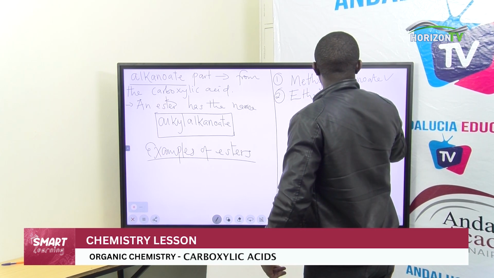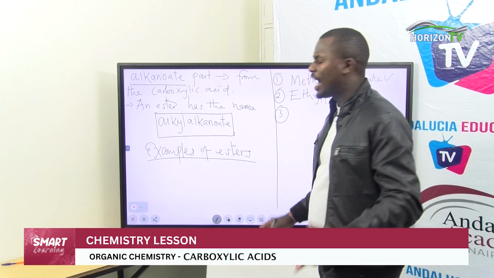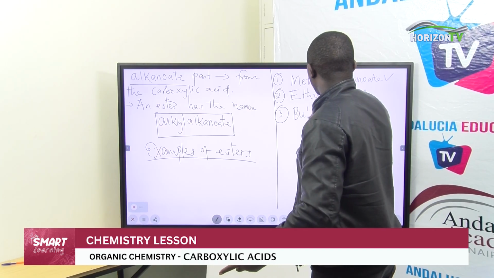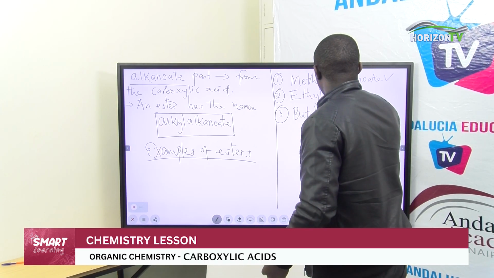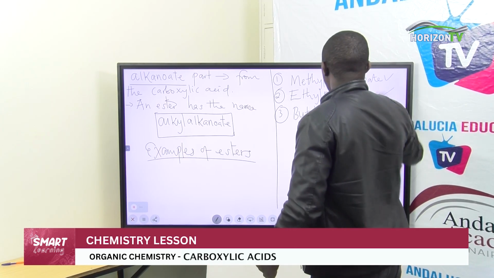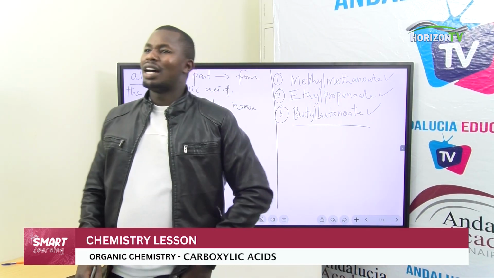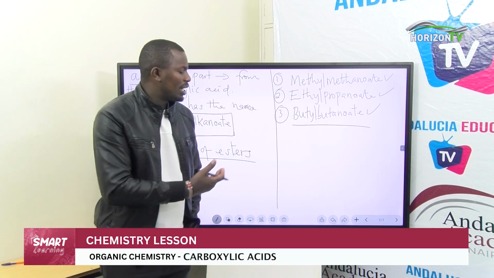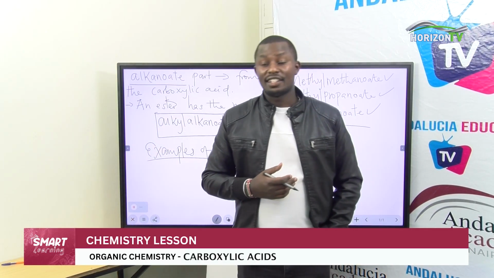An ester by the name propyl butanoate. These are examples of esters, and I think we shall discuss in depth how we form these formulas and how we arrive at these different names of the esters.